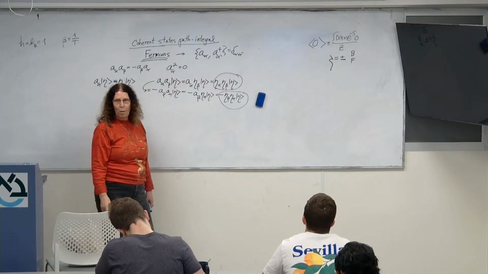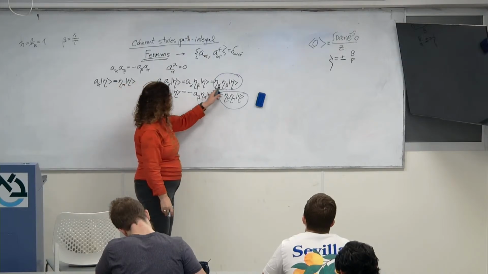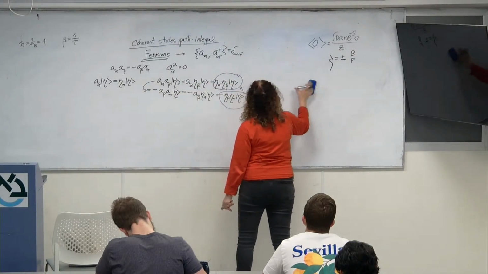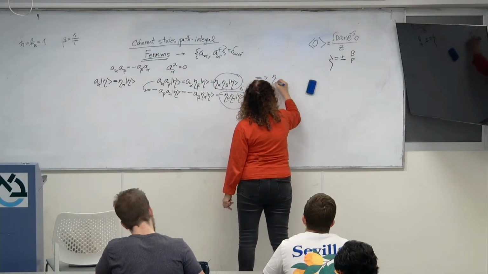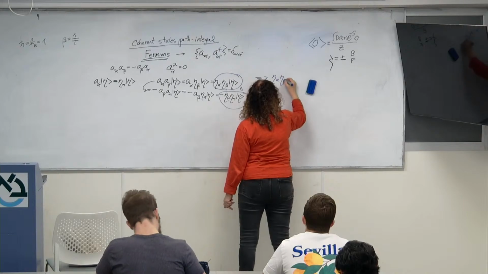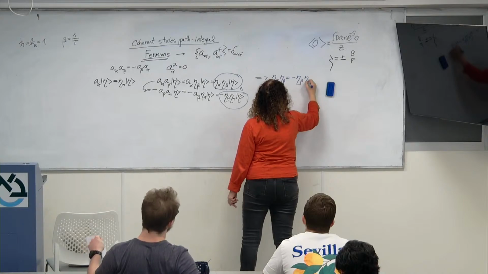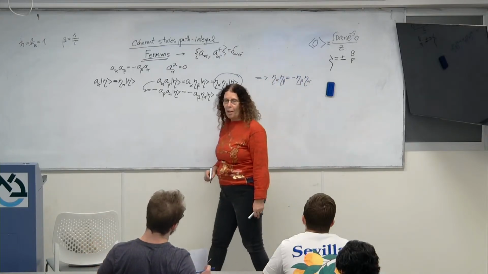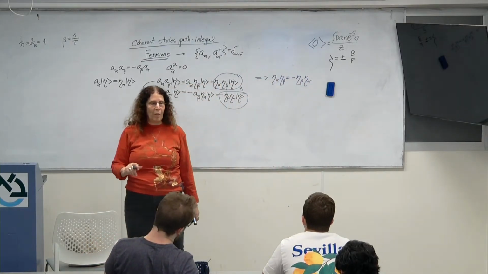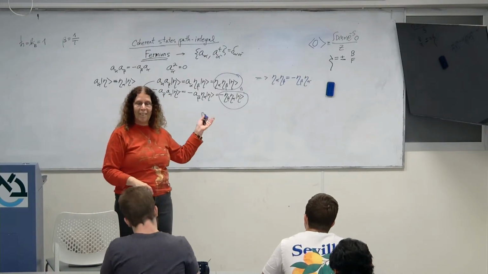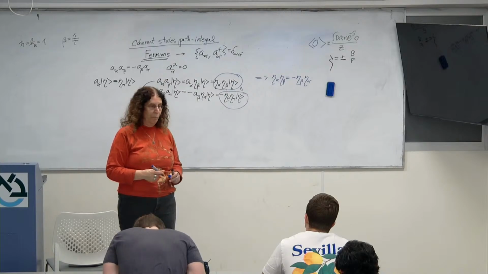So there's a problem, because to satisfy this, we must require that eta alpha, eta beta equals minus eta beta, eta alpha. So the same anti-commutation feature is converted into the eigenvalues.